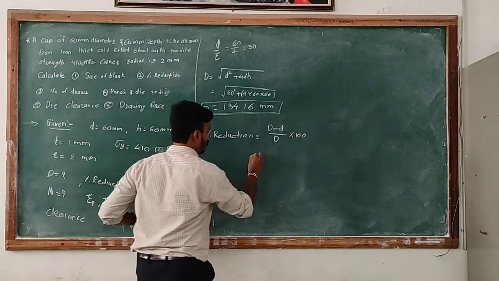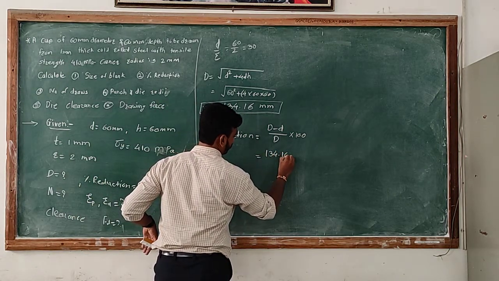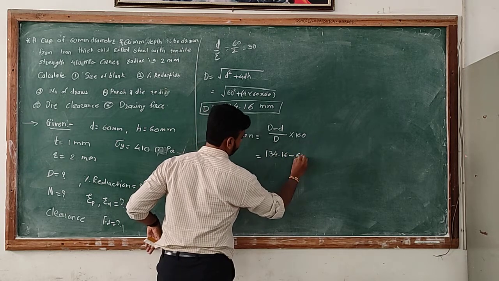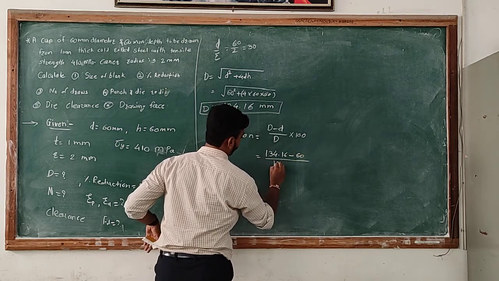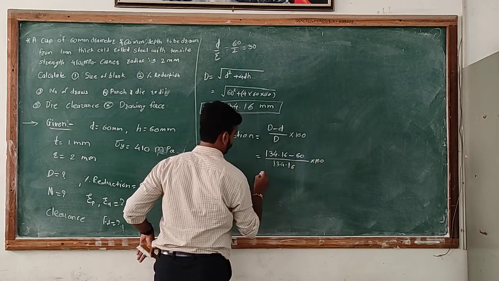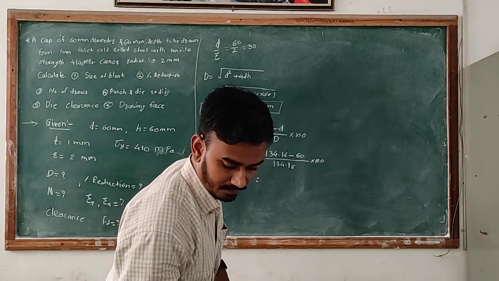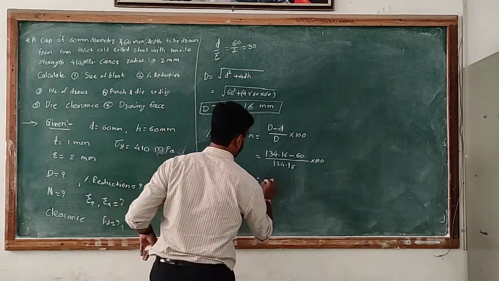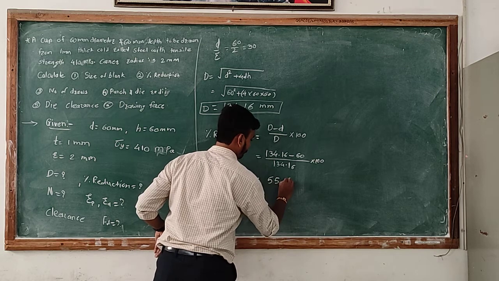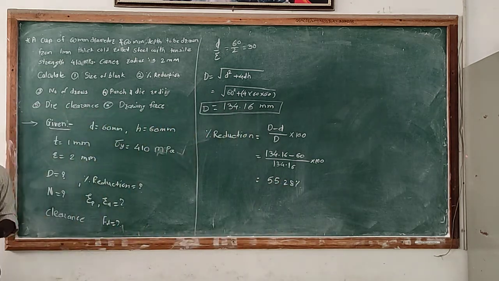Put the values here: 134.16 minus 60, divided by 134.16, into 100. This value becomes 55.28%. This is my percentage reduction.